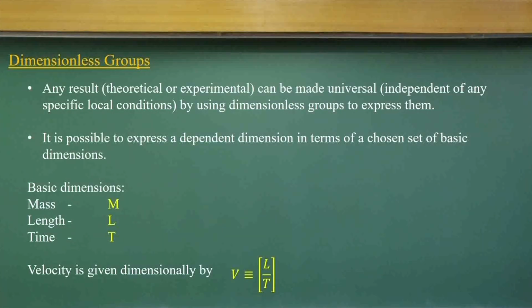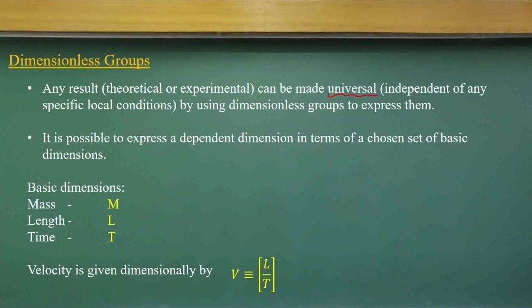Now, come to the dimensional groups. I think you know this even from class 11th or 12th. The basic dimensions we have are mass, length and time. These are the three basic dimensions. When you do a theoretical or experimental analysis, it can be made universal, independent of specific locations, by using a dimensional group to express it.